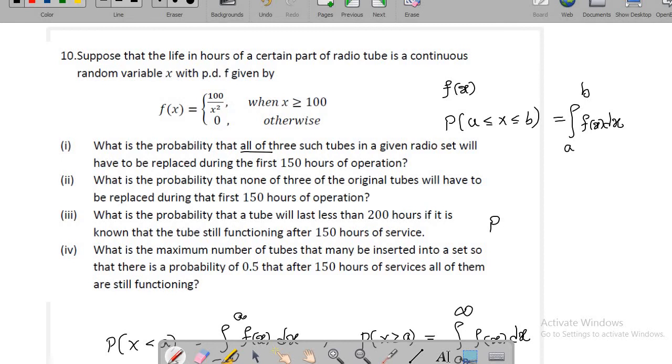So now it is enough to see what is the probability that x less than or equal to 200 given that x greater than 150. I hope here you'll get the conditional probability. Why? Because it is given something, it is working after 150 hours.